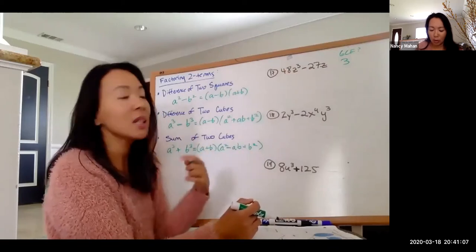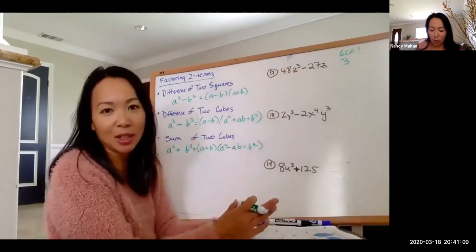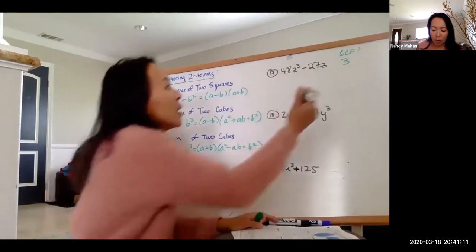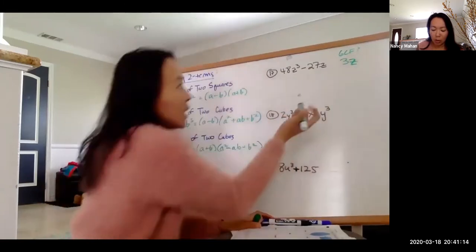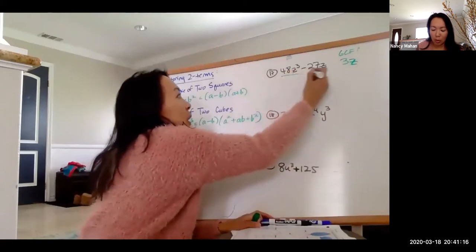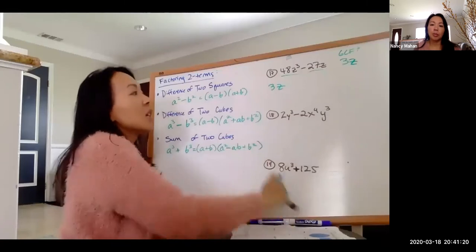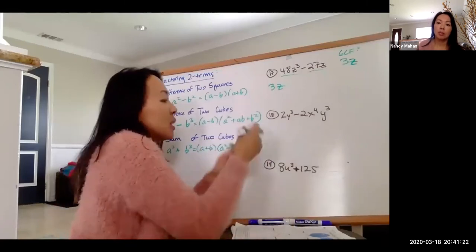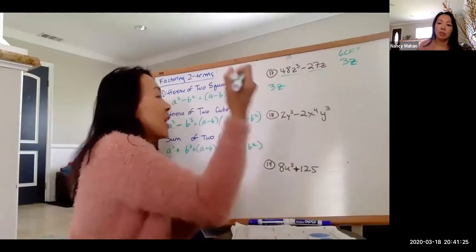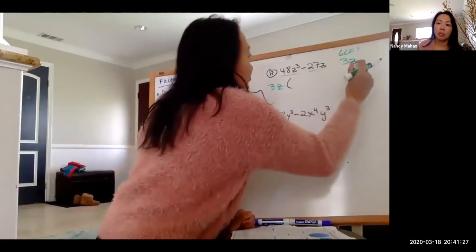We talked about this in the first lecture about how to find the GCF, so if you need to review that, please feel free. So they both have a z in common. Right now I'm going to rewrite this with the GCF on the outside. I pull out the GCF, and then I'm going to write down what's inside.